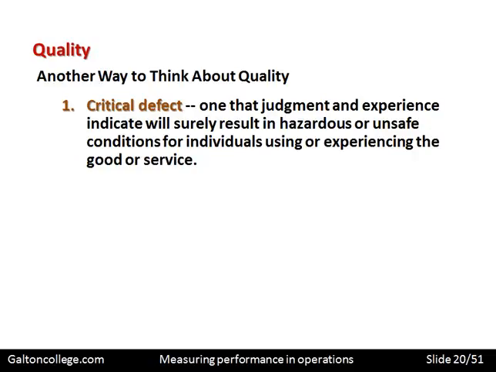It's a critical defect. Now that is dangerous. It's injurious to us. So if we buy a car and the car's got a critical defect, the brakes don't work, for example, that's hazardous. That's unsafe. So a critical defect is a problem.